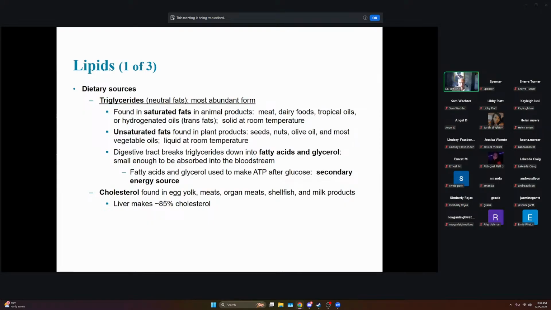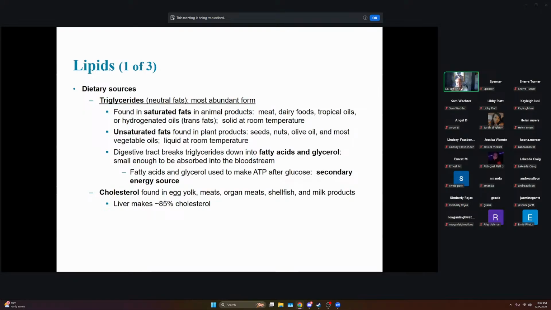Okay. By comparison, unsaturated fat like olive oil, if you put olive oil onto a plate and put it in your sink, it would still be liquid a week from now. Okay. Unsaturated fats are our good fats. They come from nuts and seeds, olive oils. Okay. Those are the more healthy of the two types of fats.